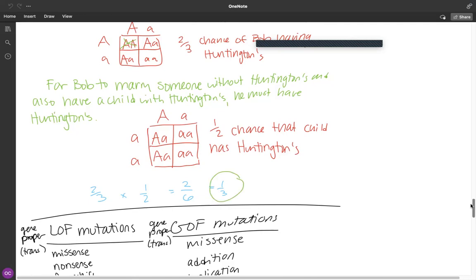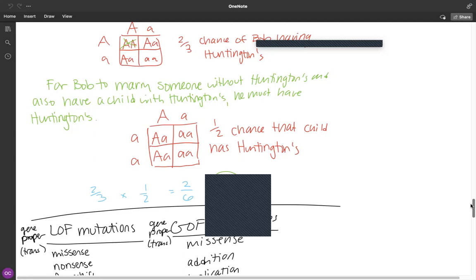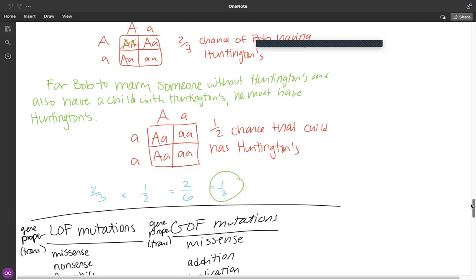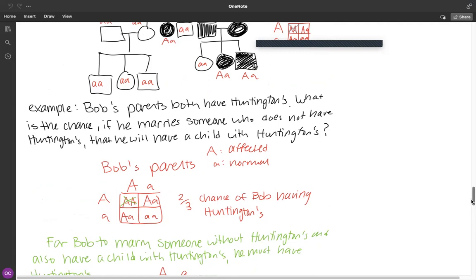So what you have to remember for these more complex probability problems is that you have to assume that certain things are the case, like you have to assume a particular genotype. And it's really just based on what the problem gives you. So we knew that both of his parents had Huntington's, and we know that they have to be heterozygous.